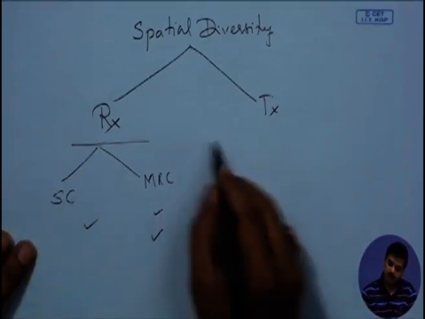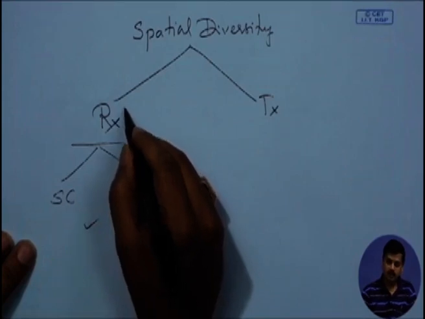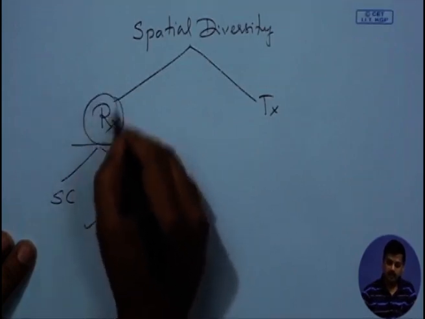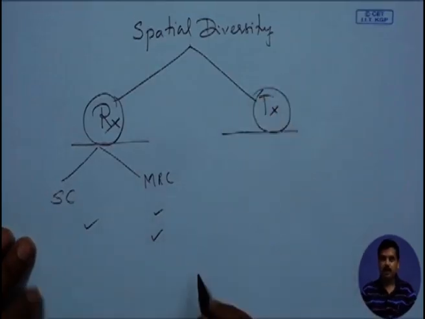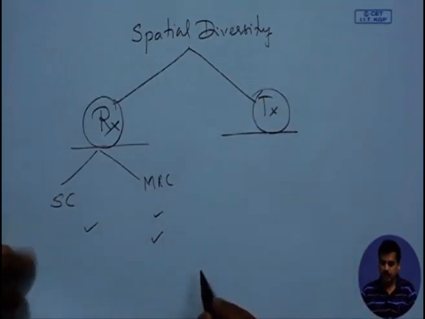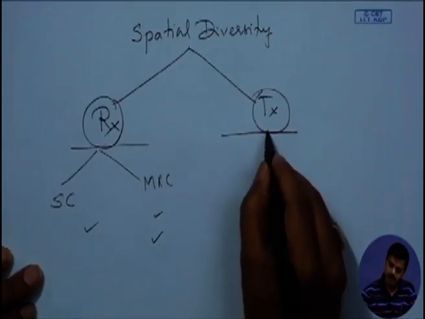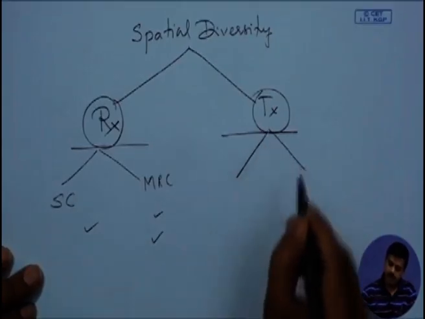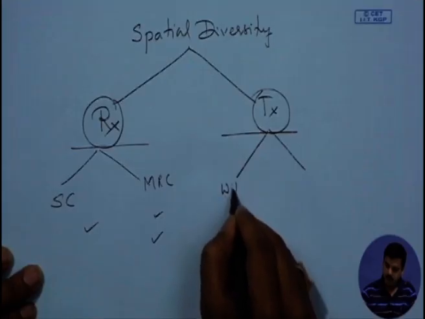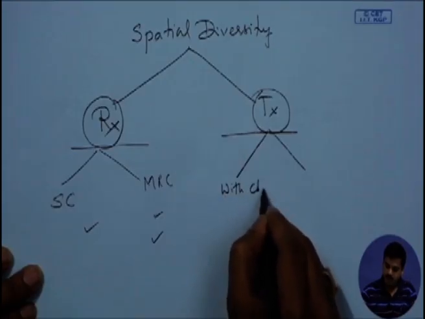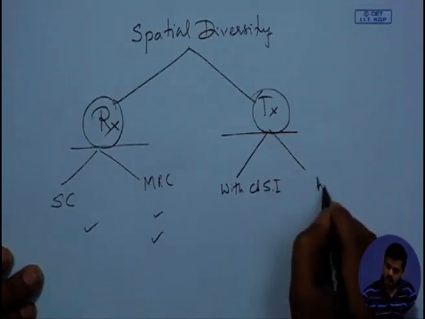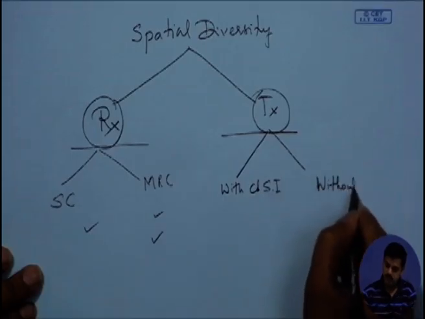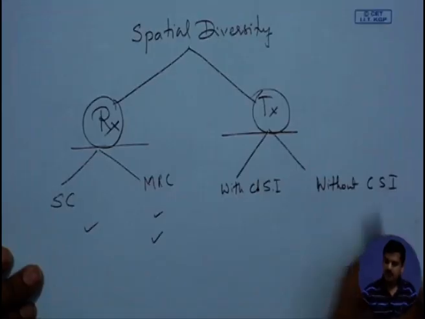So, now it is time that since we have looked at how diversity can be taken advantage of at the receiver, we would like to see how diversity can be taken advantage of at the transmitter. So, when we go to the transmitter, again there are two techniques. One is with channel state information at the transmitter, and another is without channel state information at the transmitter.